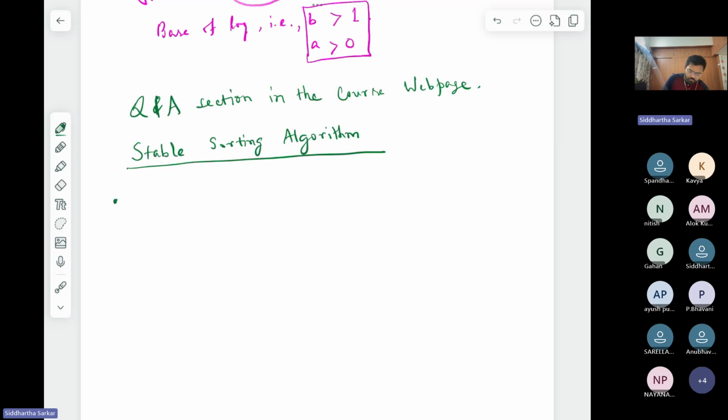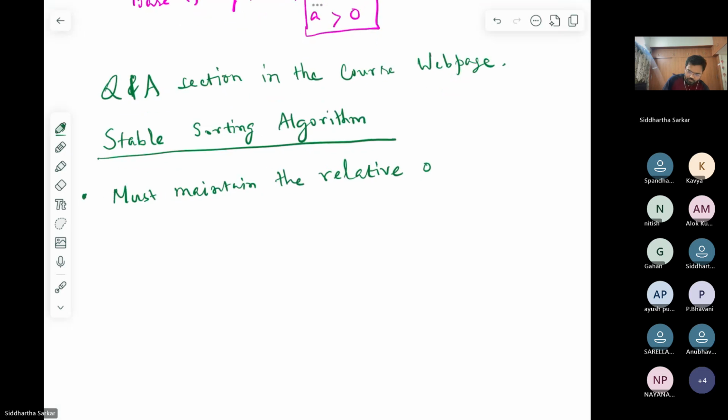So the algorithm must maintain what? The relative ordering of the elements having equal value.